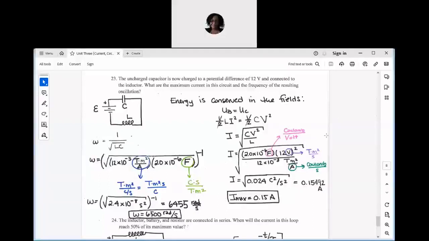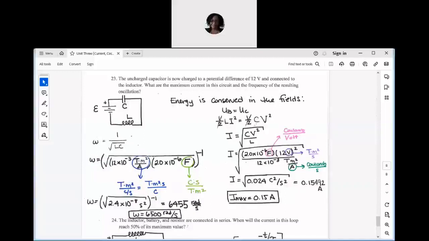Now for the maximum current, there is more than one way that you can calculate this. The notes that we have for electromagnetic induction part 2, I believe, show 2 different ways you can do this, but I've just chosen energy conservation. So the energy stored in the magnetic field inside the inductor is just 1/2 the inductance times the square of the current.